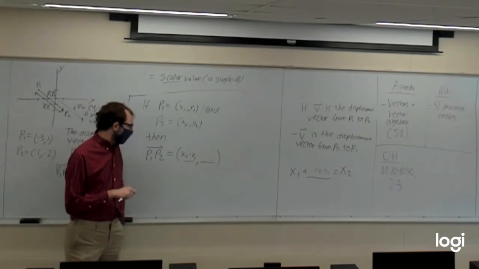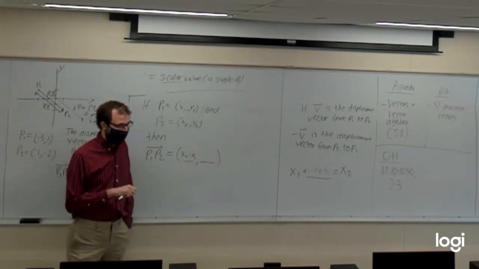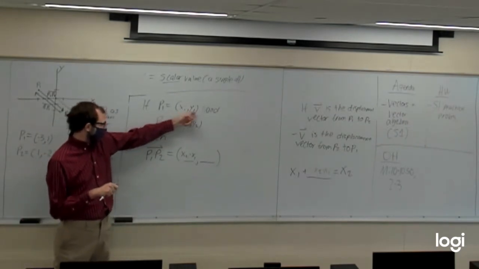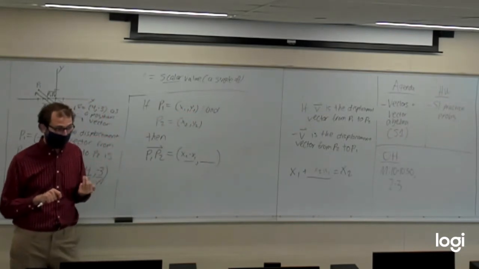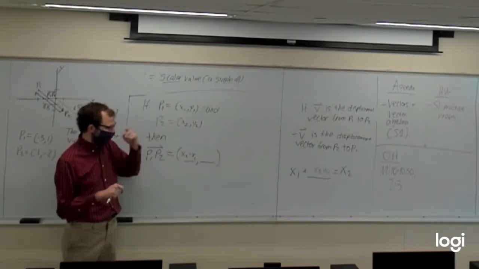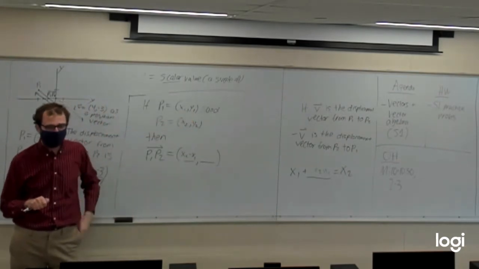How about the y-coordinate of our displacement vector? In other words, if we're starting at a point with a y-coordinate of y1, and we wanted to end up at a point with a y-coordinate of y2, what could we add to y1 that would get us to y2?